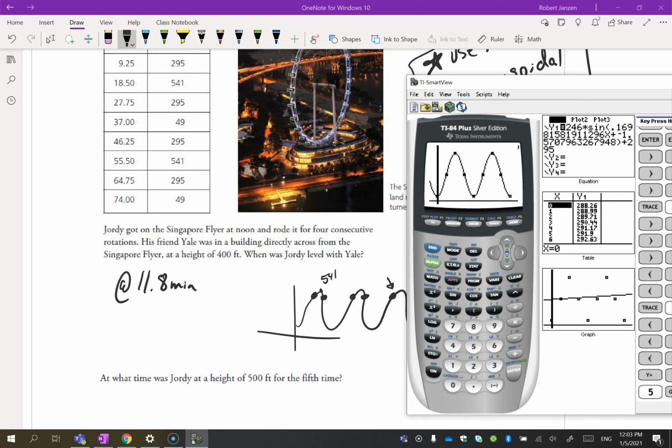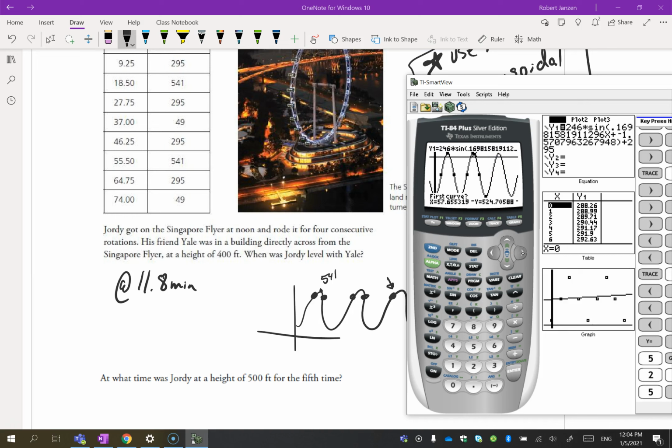Let's see. It looks like it's off the screen. So what I need to do with my window is make the X max go a little further. Let's go to 120. Let's see if that's going to be enough. Now that 5th time is there, so let's go to second intersect.